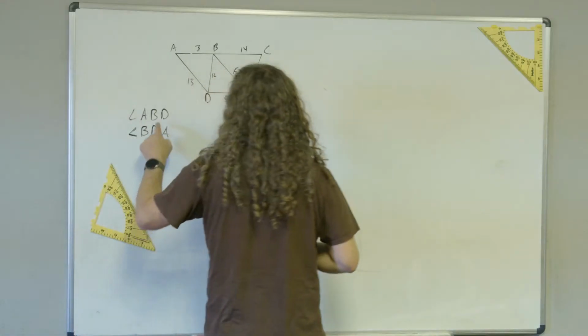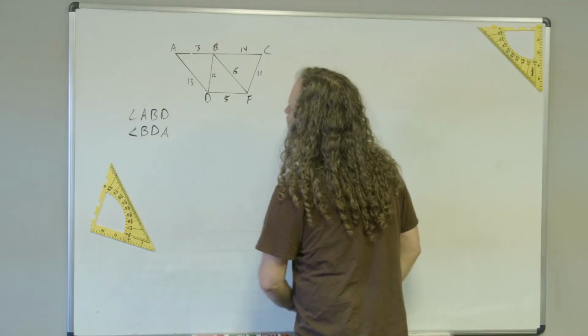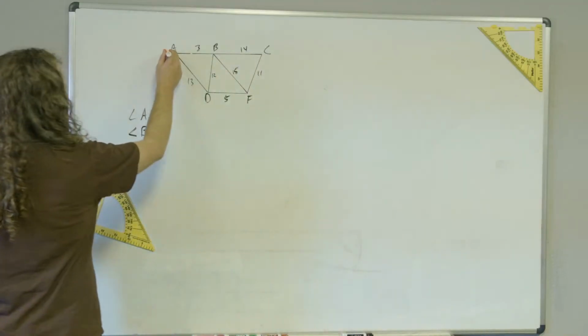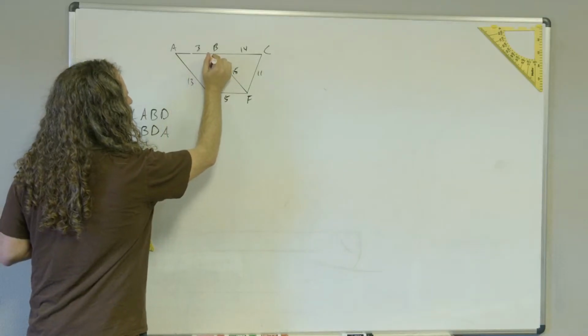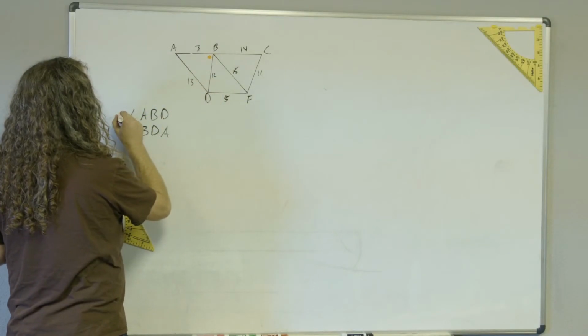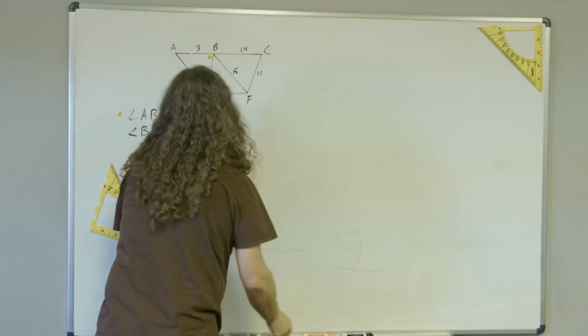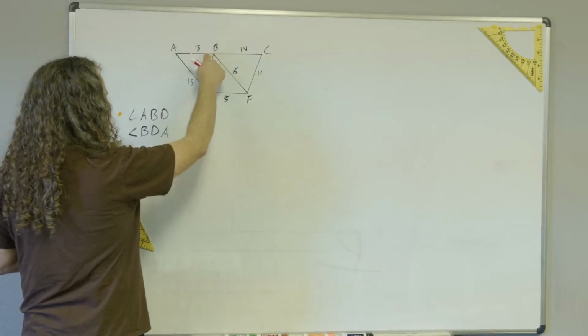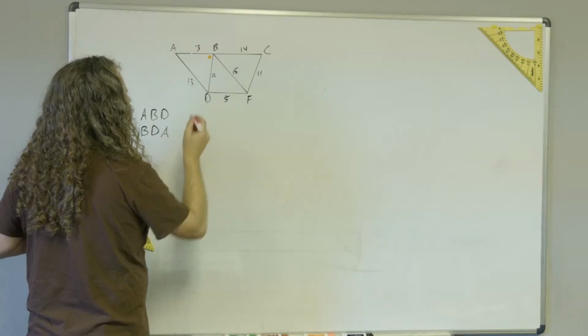The middle letter is the one where the vertex is. It's really important, right? So A, B, D would be this one. That's that one. And then angle B, D, A would be this one.